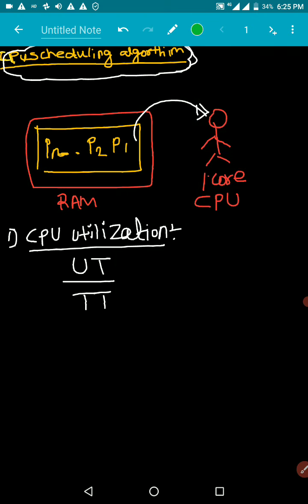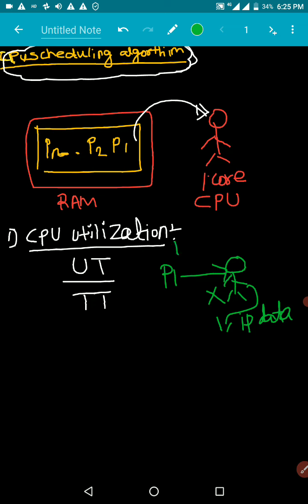Suppose a process P1 is executing on the CPU and needs input data. At that time the CPU is idle. A good CPU scheduling algorithm does not like the CPU being idle. So rather than being idle, the CPU selects another process and executes it.